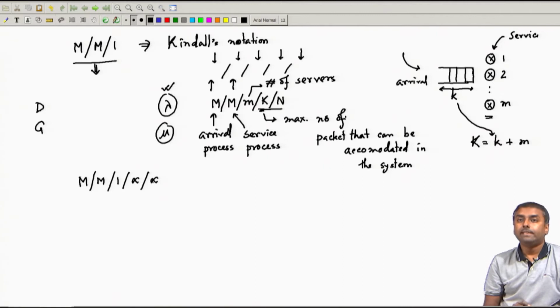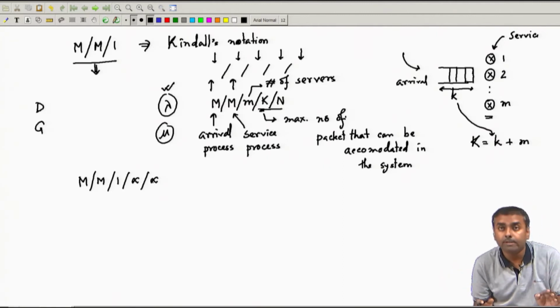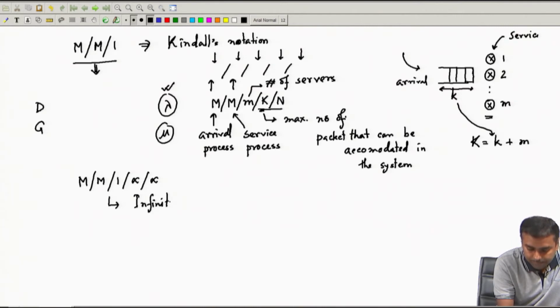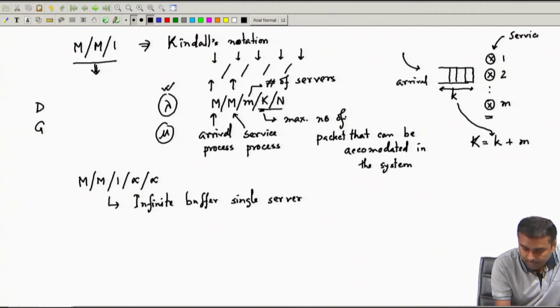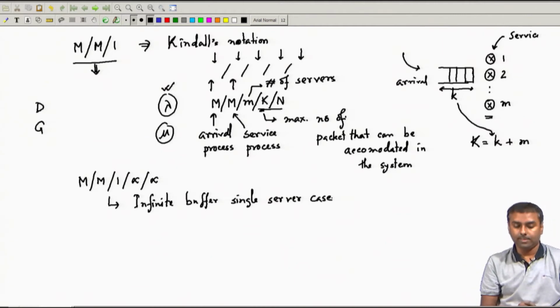There is no restriction in the buffer, I can have an infinite buffer. So, whenever I say MM1 queue, it is actually an infinite buffer single server case. That is what we are describing over here.